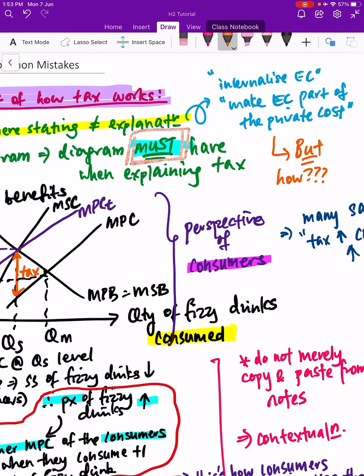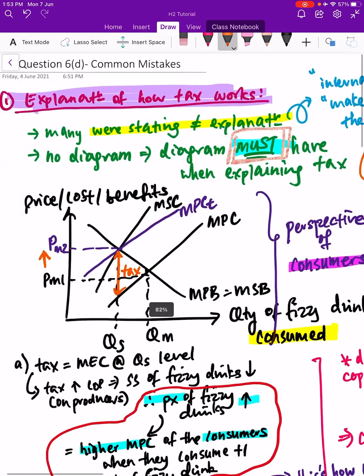The biggest issue that I have with such a statement is, how do you internalize the external cost and make the external cost part of the whole private cost? To help you understand what all this means, I actually drew a diagram over here.